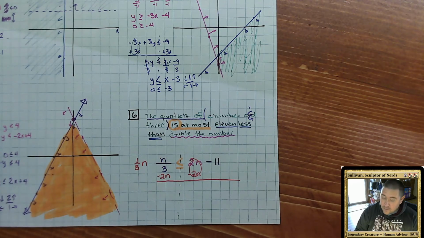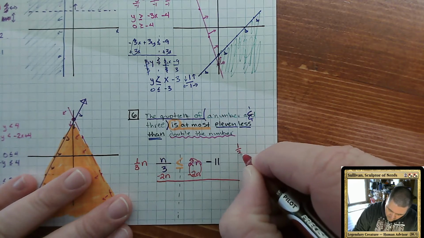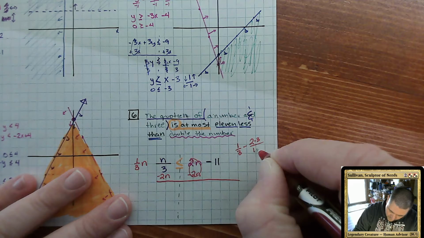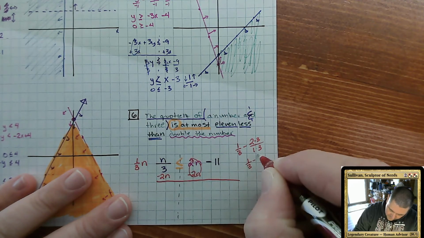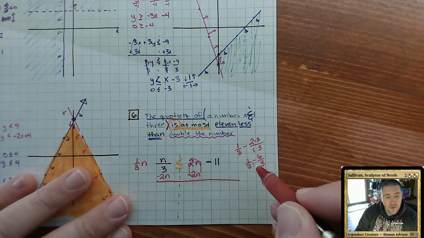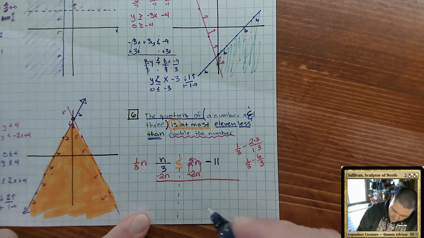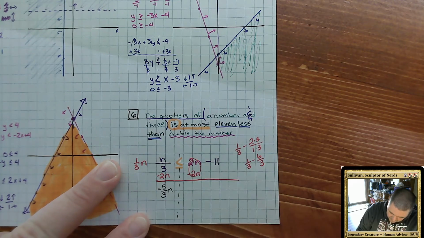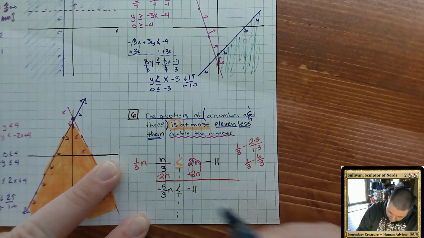Either use a calculator, or if you need to side quest here, 1/3 minus 2, I need to take that times 3, 1 times 3, turn it into 1/3 minus 6/3. Okay, so either use your common denominators or get a good calculator to turn this into a negative 5/3 n is less than or equal to negative 11.